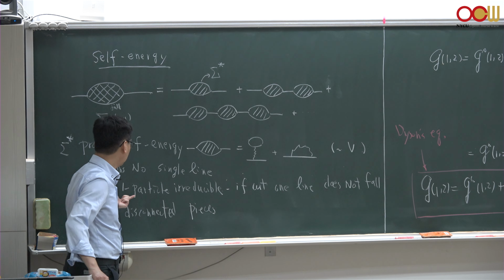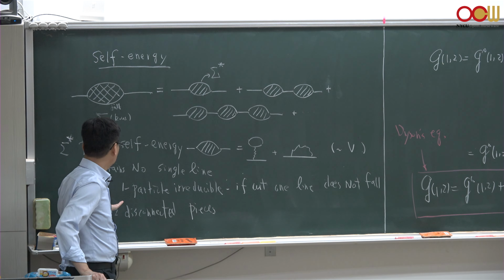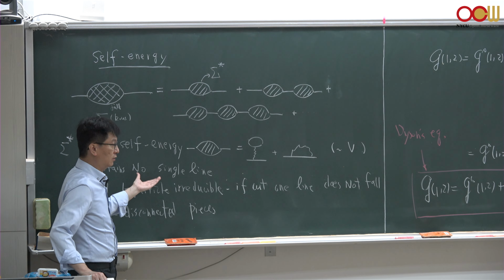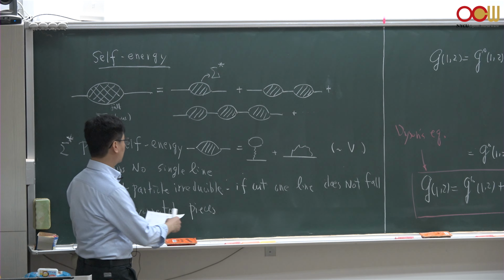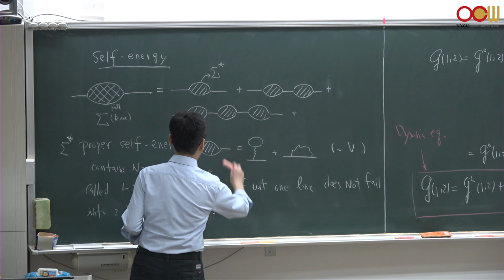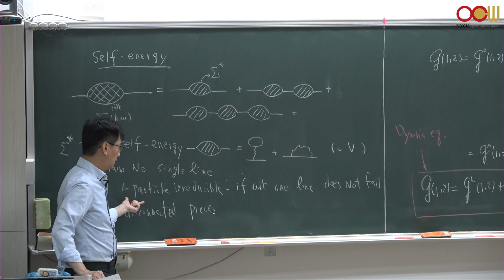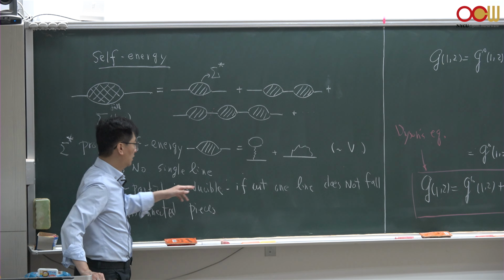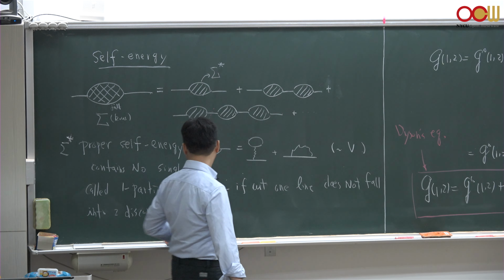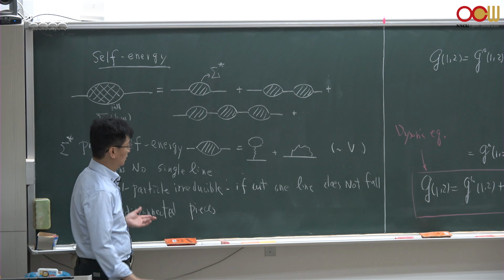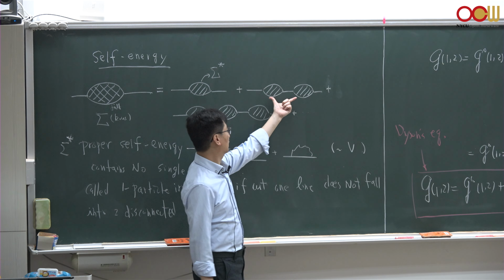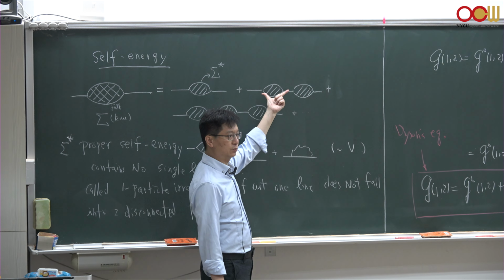Okay, and this is the definition of a proper self-energy, where there is no single line connecting these two bubbles. For example, this is a one-particle irreducible diagram, which means that if we cut one line, it does not fall into two disconnected pieces. So this is not an irreducible diagram because it is reducible.